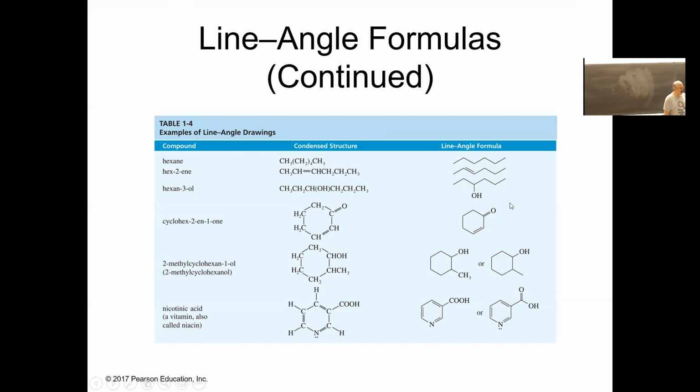All right, oxygens must be shown, and any hydrogens that are on the oxygens also need to be shown. This carbon right here that's bonded to the oxygen, 3 bonds are shown, so we assume that there's a 4th bond to a hydrogen. Okay, here are some cyclic or ring structures.